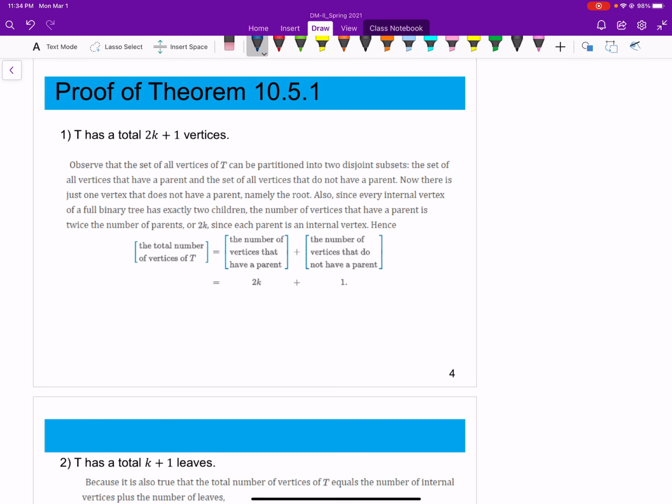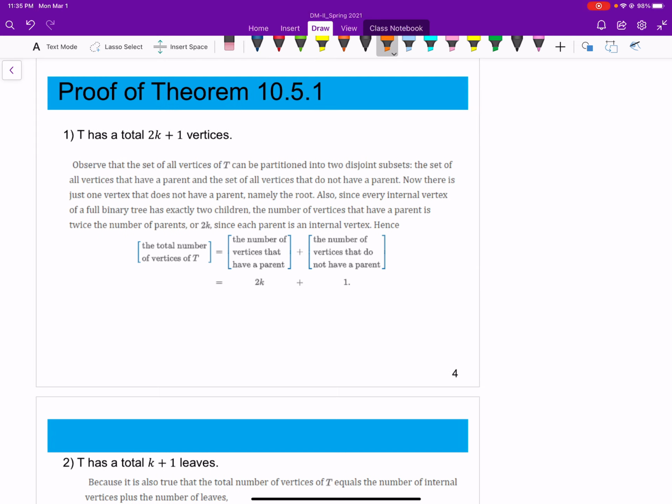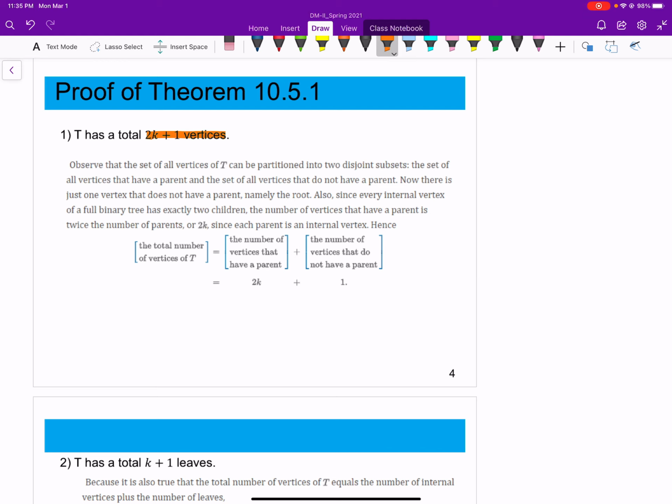First, we are going to show that this tree has 2k plus 1 vertices. This says you can partition the vertices into two disjoint subsets. Let's take a tree, and then you can categorize these vertices into two groups. The first group is vertices that have a parent.